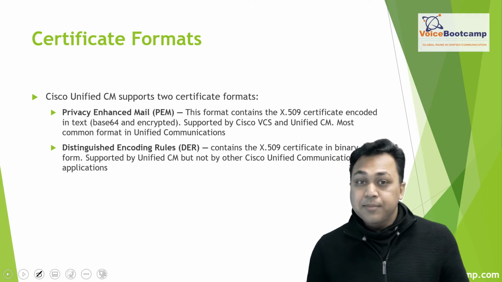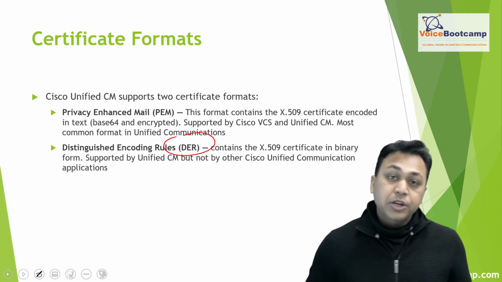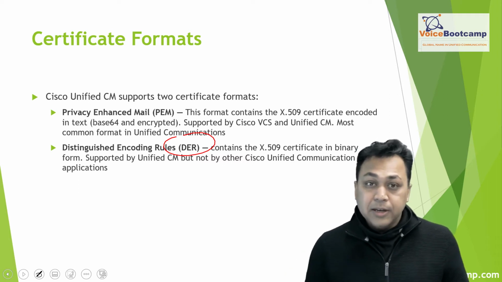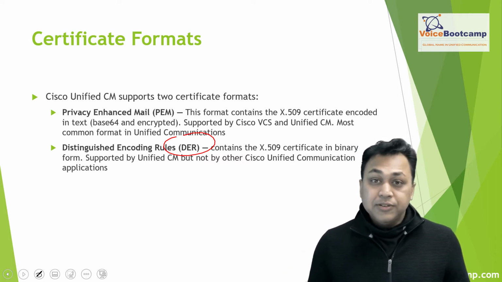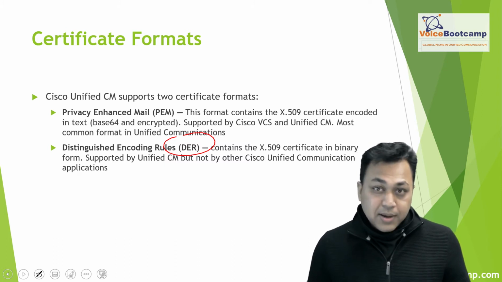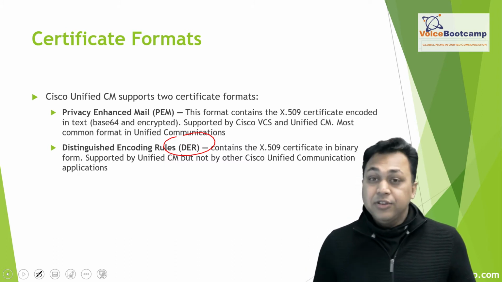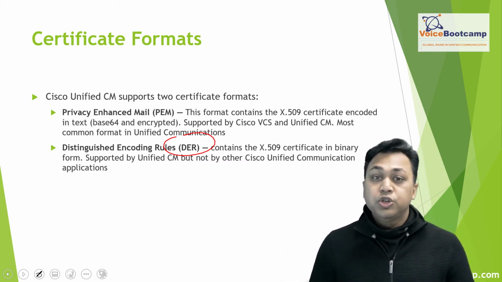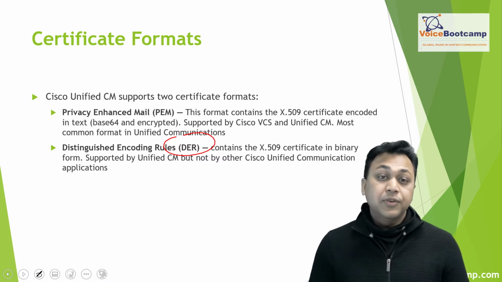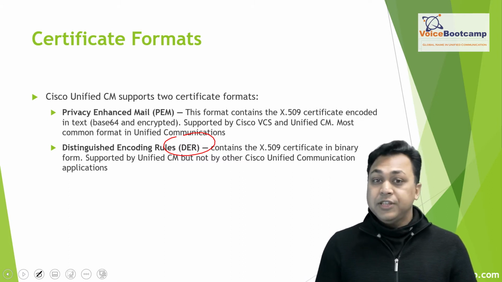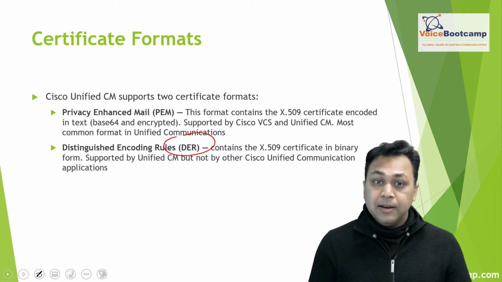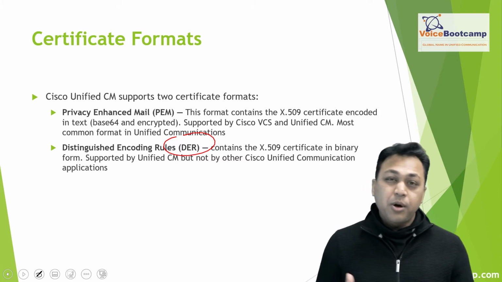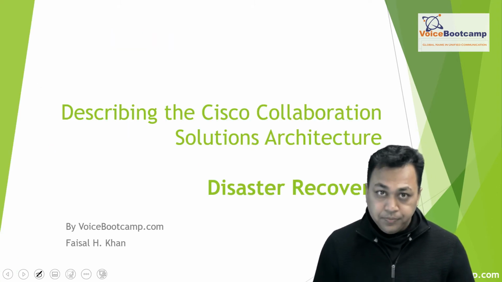And then you have another type called Distinguished Encoding Rules, or DER, which contains the X509 certificate in binary form and is only supported by Cisco Unified Communication Manager, or CUCM. It is not supported by other Cisco collaboration applications. The difference between the two types is simply the way the certificate is encoded, but while CM can support either format, most other products cannot. So in this case, it is probably better to use the PEM format for all.